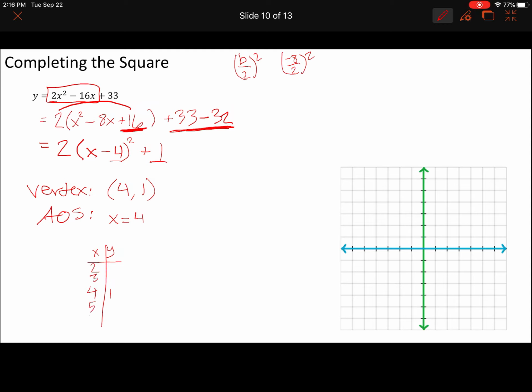So plug in 2 numbers below, 2 numbers above, and go ahead and pause this and graph it, and then play the video and see if you come up with the same graph. So I type this in, 2 times x minus 4, but you're plugging in all of these numbers.